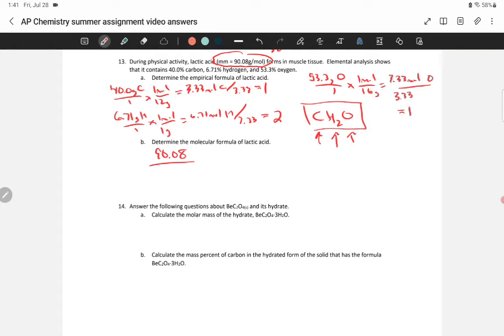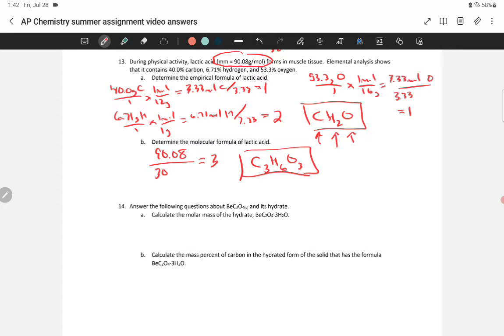That weighs about 30 grams. When I divide those two numbers, that gets me really close to 3, which means I need to multiply the empirical formula by 3. So 3 times 1 is 3, 3 times 2 is 6, and 3 times 1 is 3. Let me make that 3 a little better there.